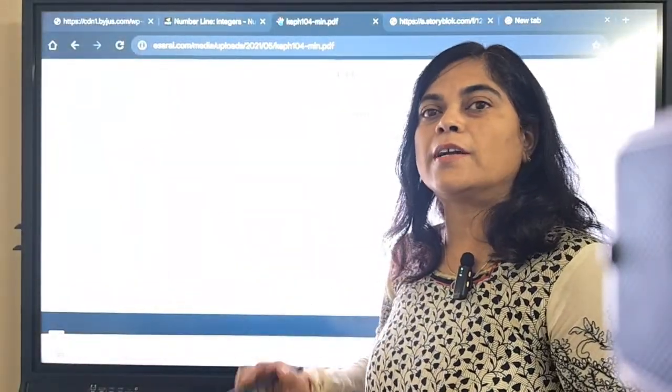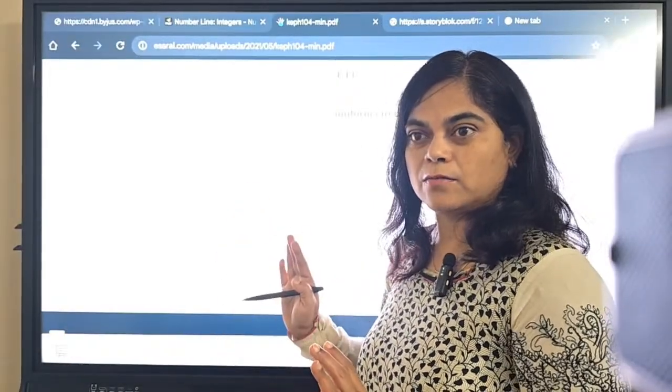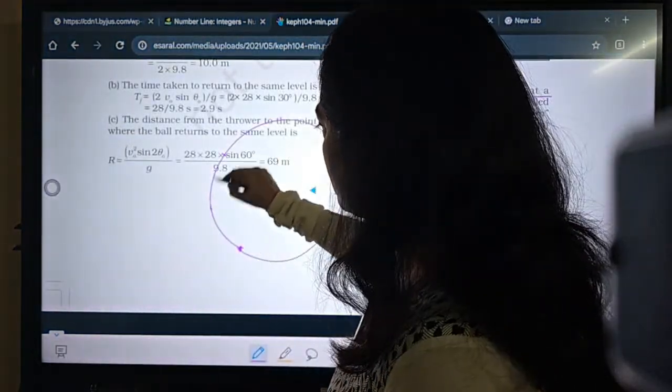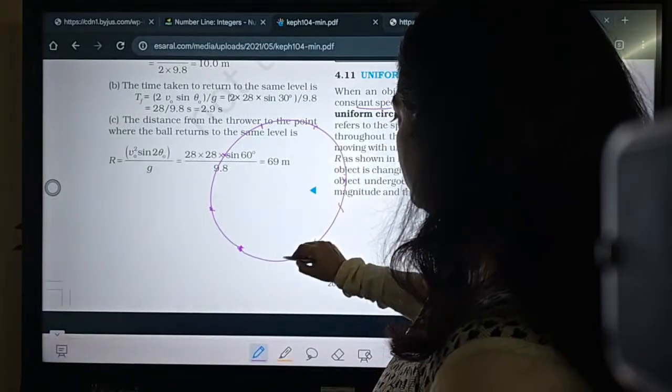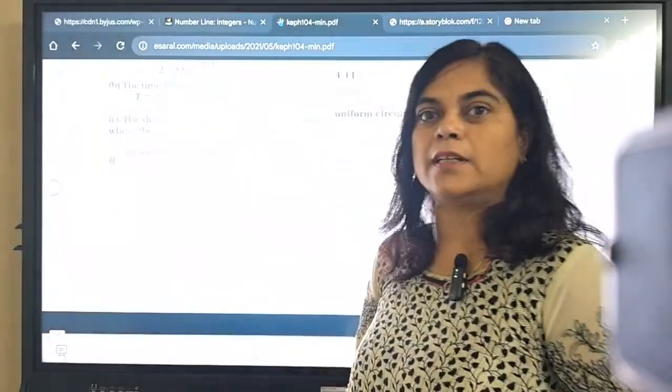So you are talking about the distance traveled by the particle, or an object. The distance traveled by an object from here, here, here, here. Like this, if you record, the starting point and the ending point will be the same.